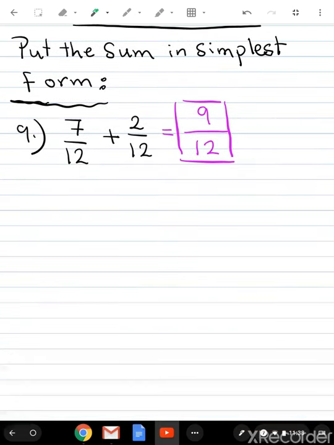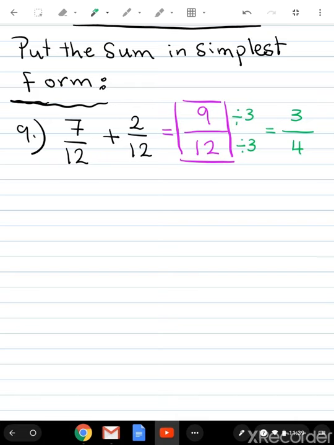What is the common number by which I can divide the 9 and 12? From the multiplication tables we know that we can divide the 9 by 3, and also the 12 by 3. So 9 divided by 3 gives me 3, and 12 divided by 3 will be 4.